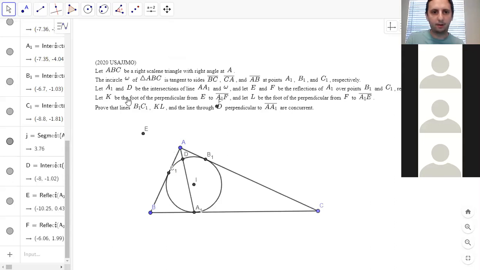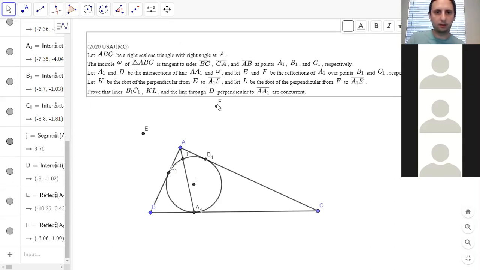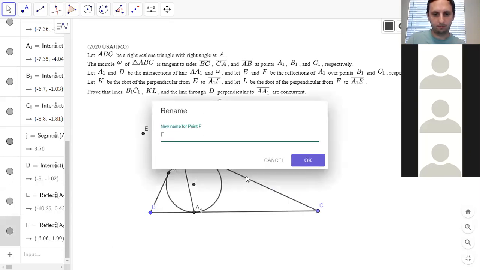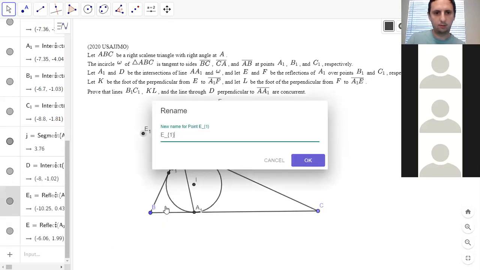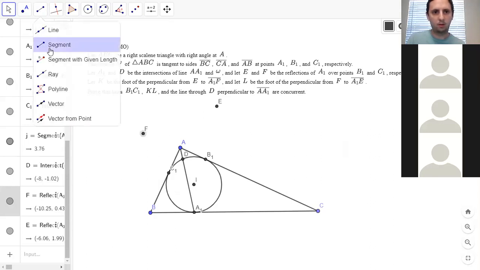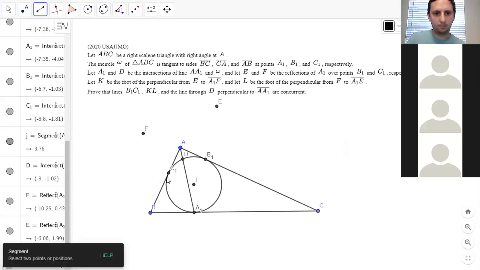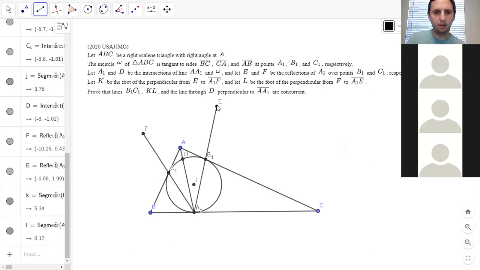Oh, but I did it in the wrong order. So I need to make this E and that F. And so EF is parallel to BC1.